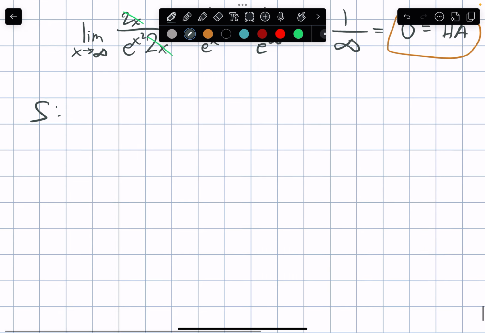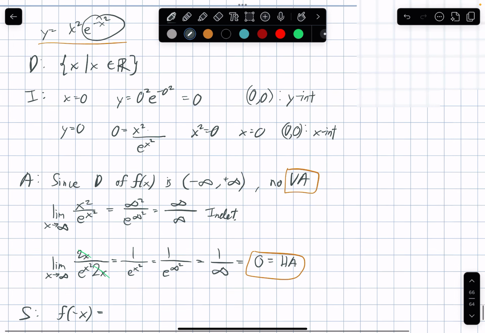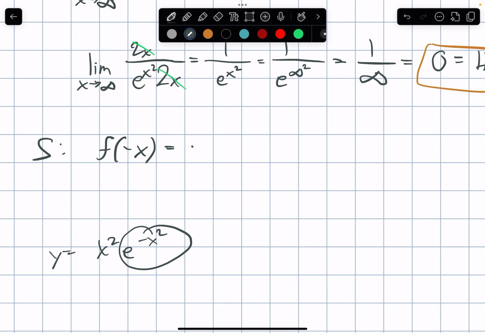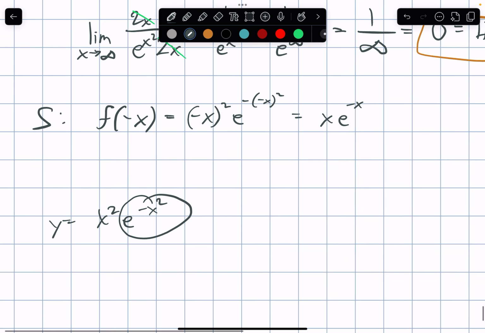Now, let's go to symmetry. So, f of negative x is negative x squared e raised to negative x squared. Let's rewrite.